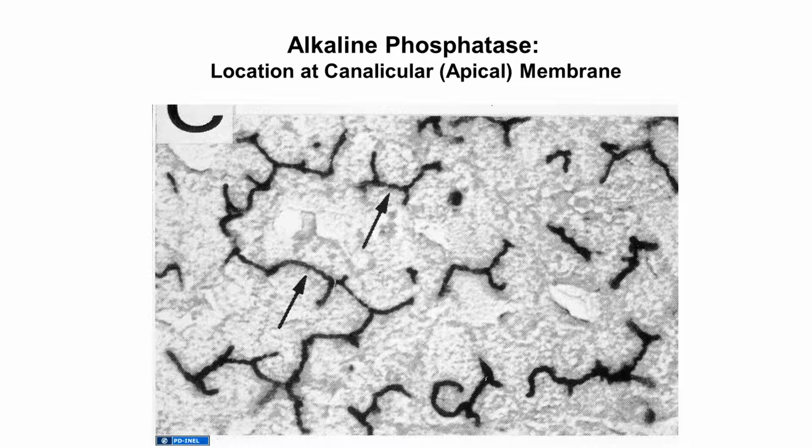So if you have obstruction of your biliary system, of your bile duct, it will lead to elevation of your alkaline phosphatase, because the enzymes in the membrane of the bile duct will be solubilized by the bile acids that accumulate in the obstructed structures.